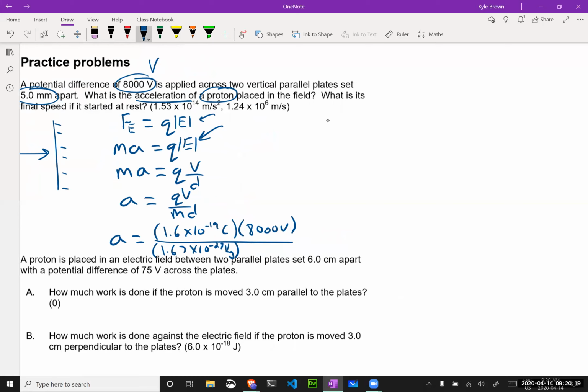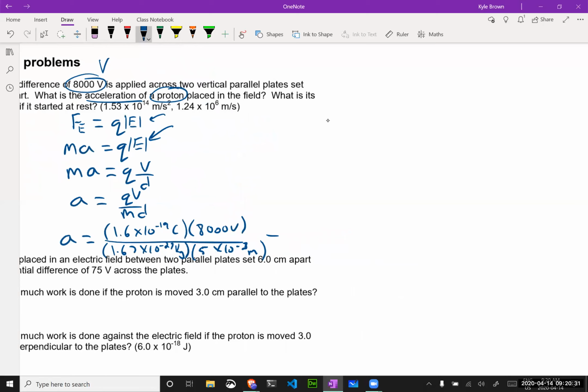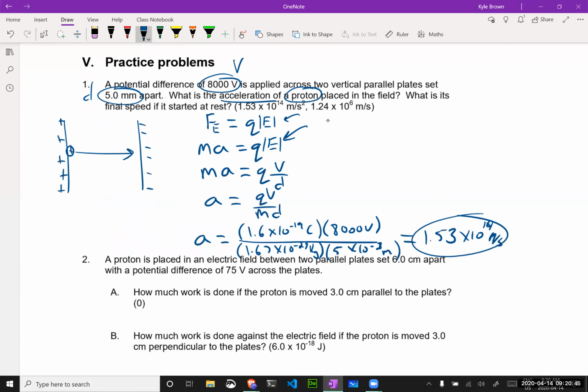Okay, so another way of writing that would be 5 times 10 to the negative 3 meters. Okay, and putting all of that in, we get 1.53 times 10 to the 14 meters per second. That's the acceleration of this proton toward that other plate.